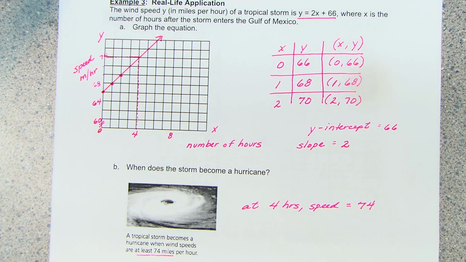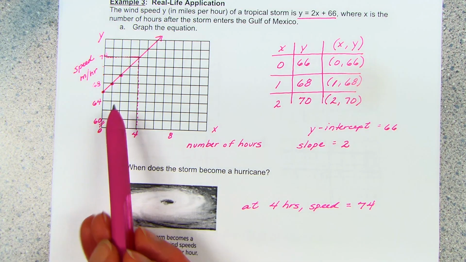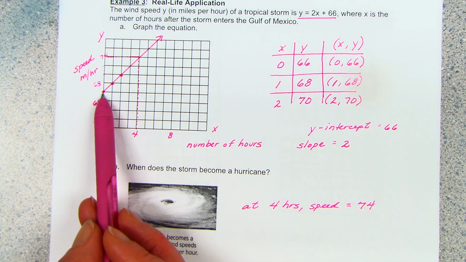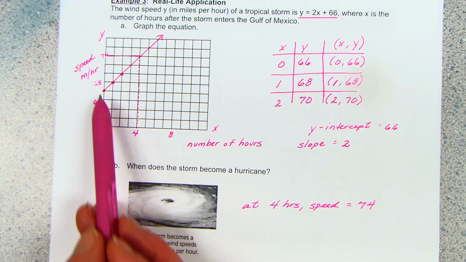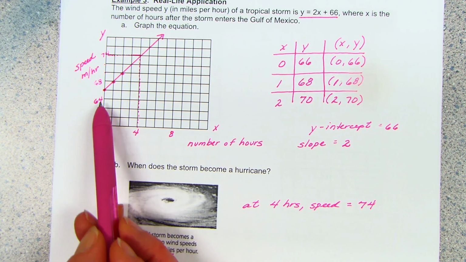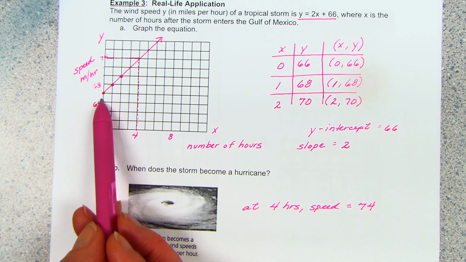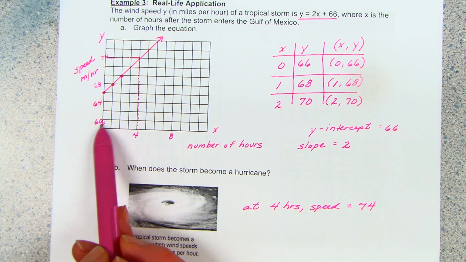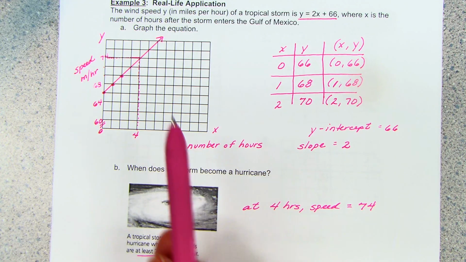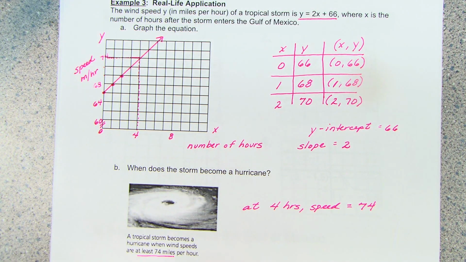If we were in class, I would have you answer that question. Looks to me like the y-intercept is kind of the starting speed, right? When it first starts out, it's at 66 miles an hour, and then as time goes by, it picks up more and more speed. Okay.